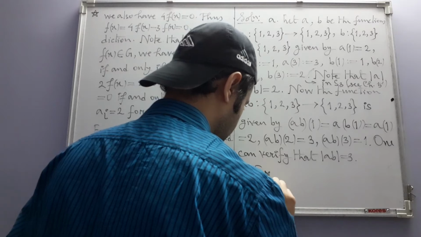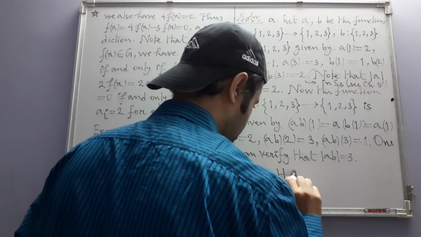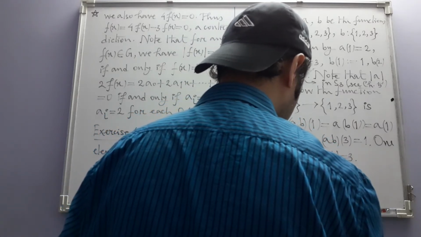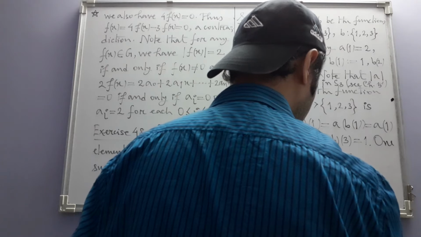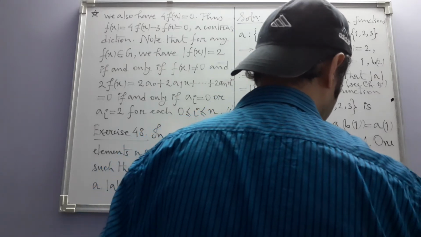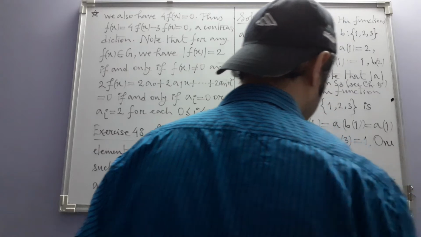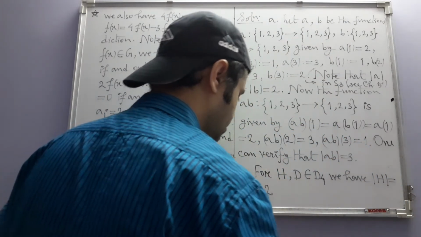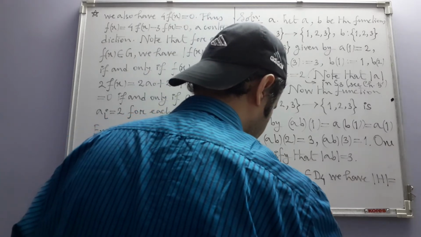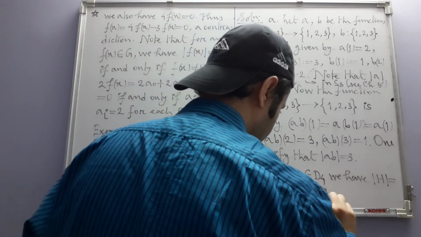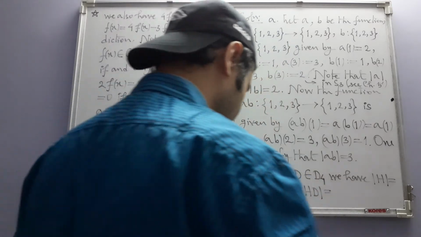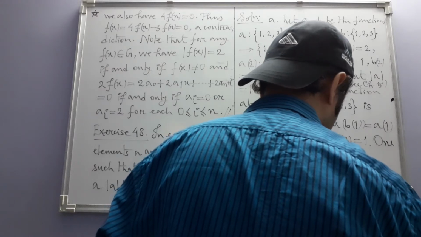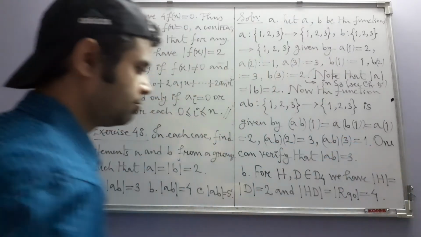For the reflections H and D in D4, we have definitely, because H and D are both reflections, they are of order 2, and order of HD, which turns out to be the rotation R90, has order 4.